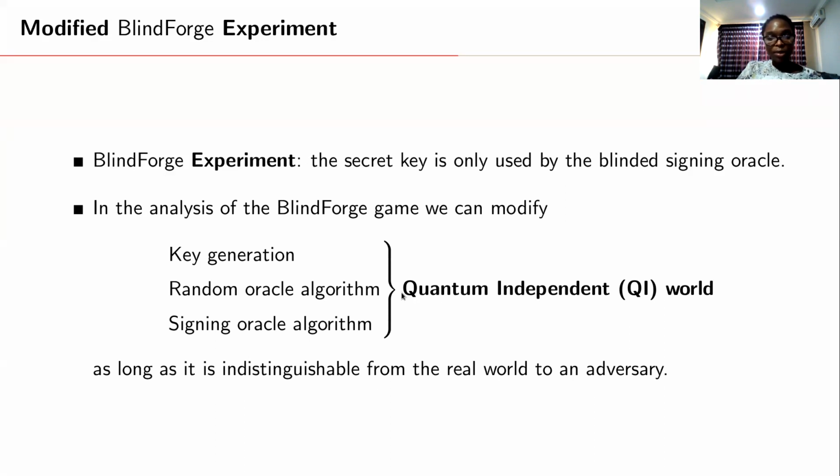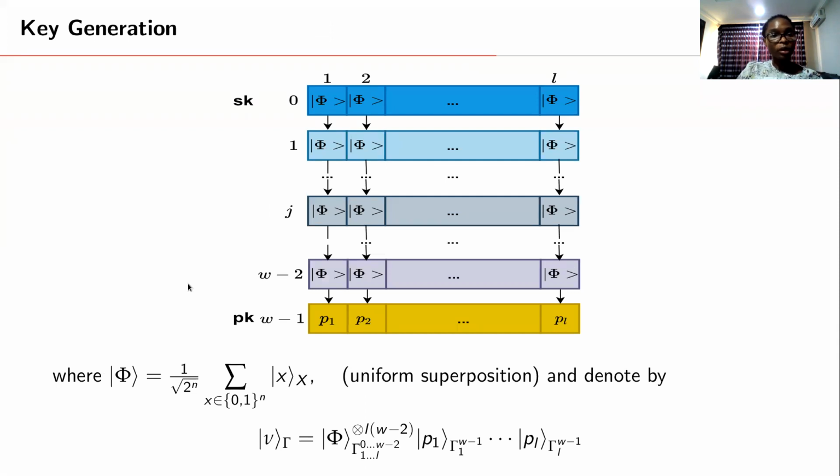Now we explain exactly how we modify the key generation, the random oracle, and the signing oracle. We modify the key generation as follows. We prepare the secret key as a uniform superposition, as well as all the intermediate hash chains.